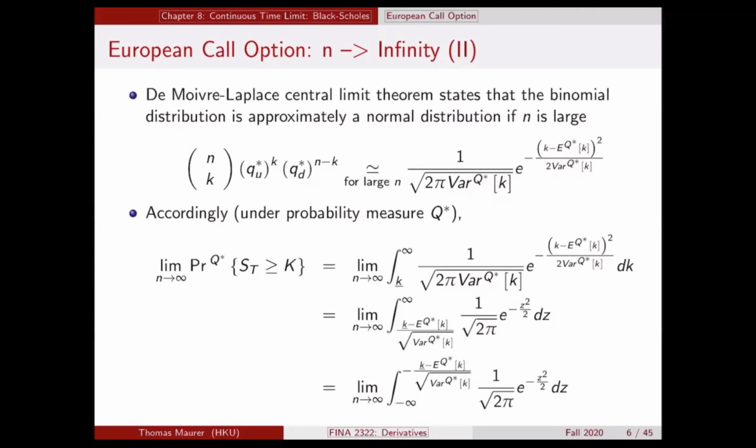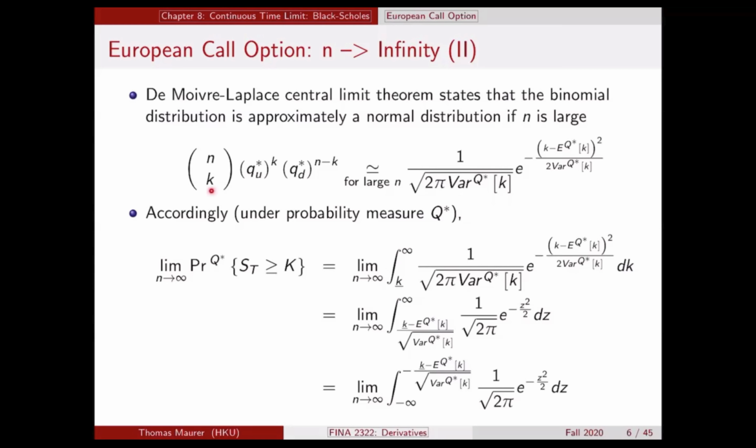Now, looking at the probability of S being larger than K, or the call being in the money, that's just the sum over all these probabilities for k being larger than k lower bar. Because I want to look at the continuous distribution rather than just this discrete distribution, I replace the sum by an integral, but that's basically the same thing.